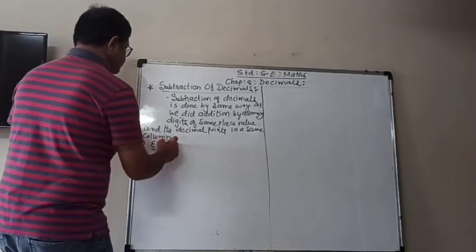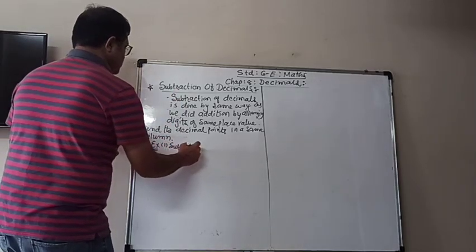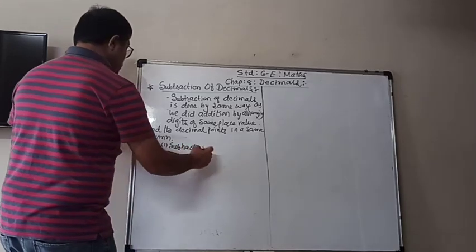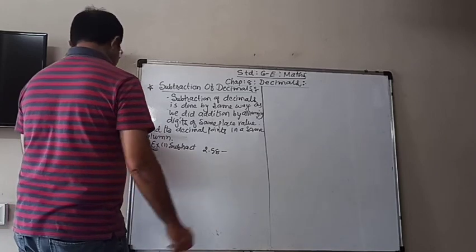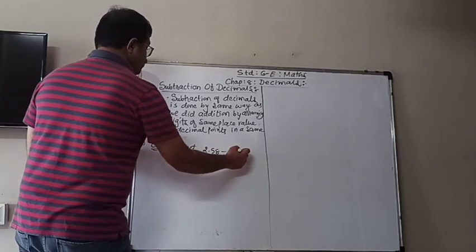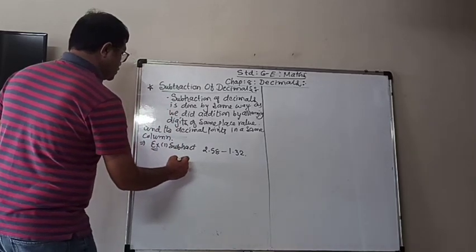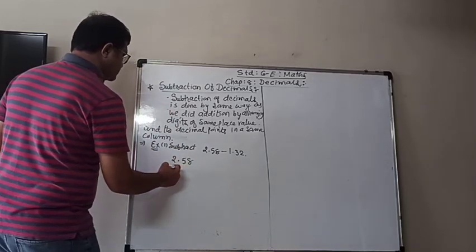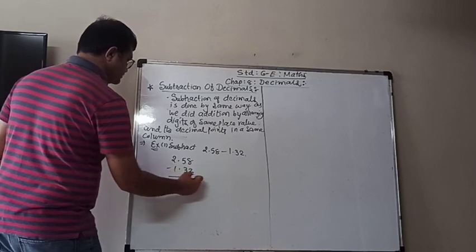Subtract 2.58 minus 1.32. So now we will put 2.58 minus 1.32.